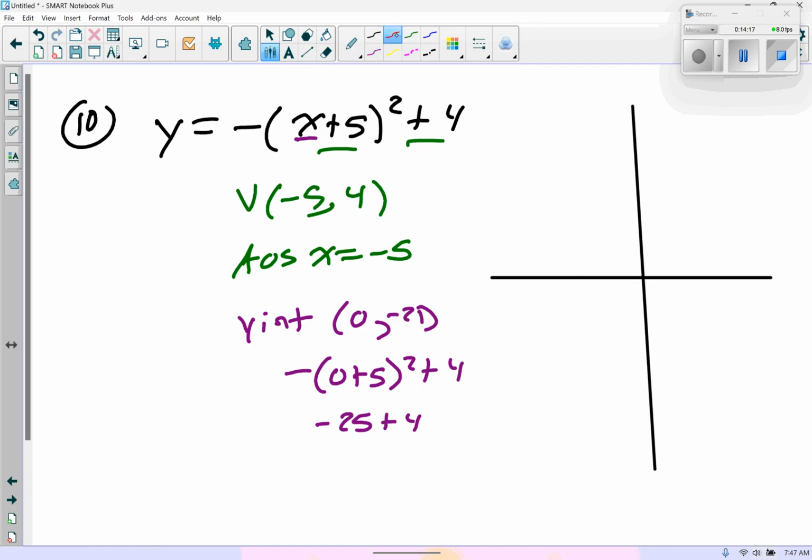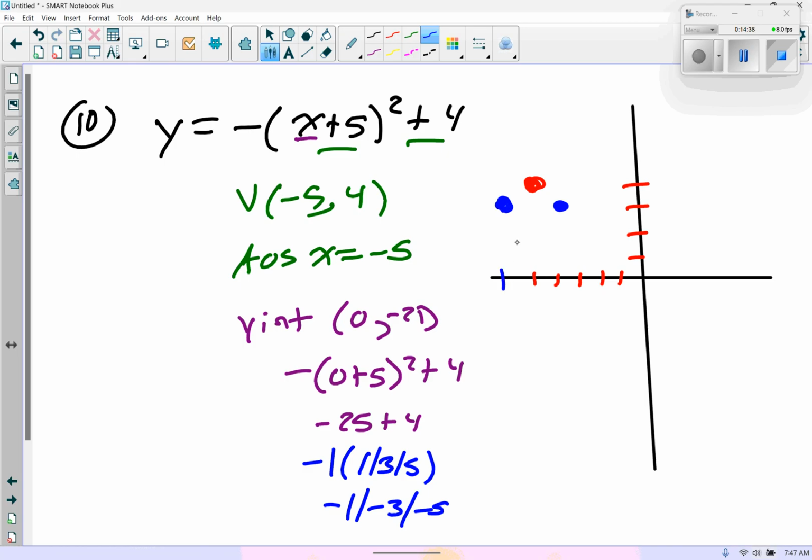All right, so my vertex is negative 5, positive 4, which is up there. Our pattern graph is going to be negative 1 times 1, 3, 5. So negative 1, negative 3, negative 5. So I'm going to go right 1, down 1, left 1, down 1. And you could easily find those points.